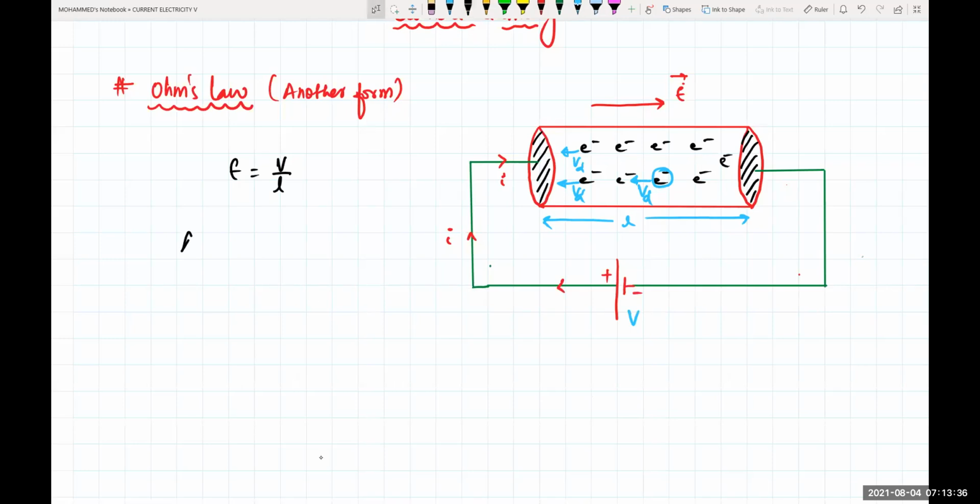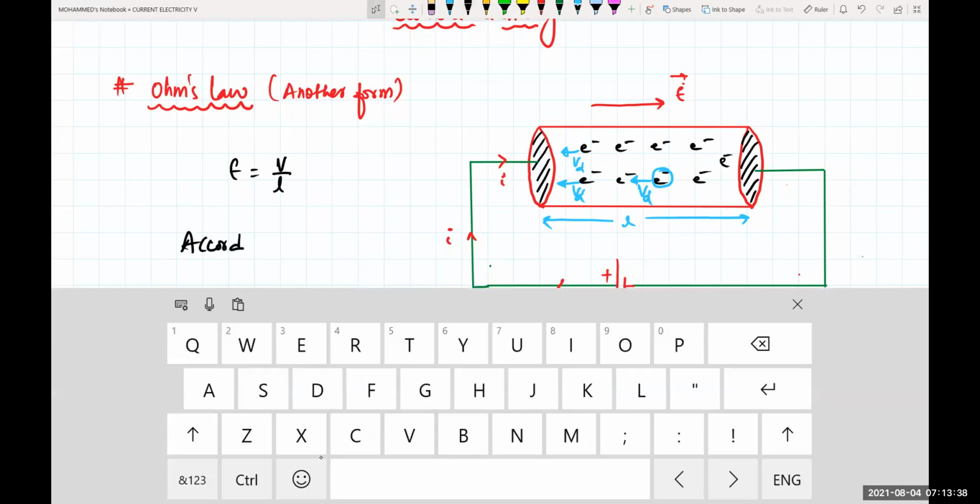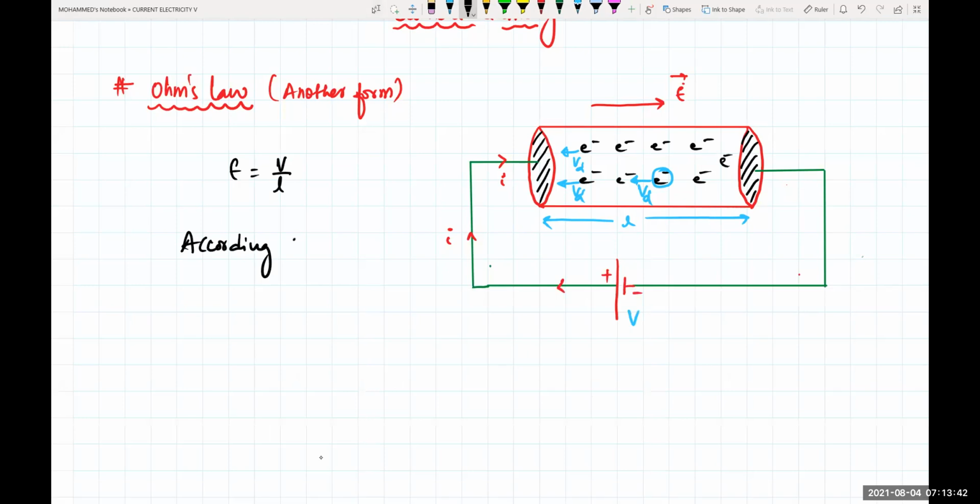Now according to Ohm's law, what is Ohm's law, beta?